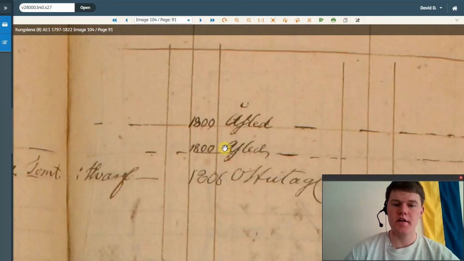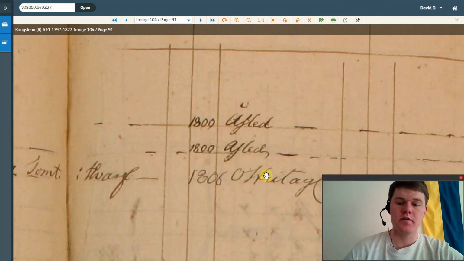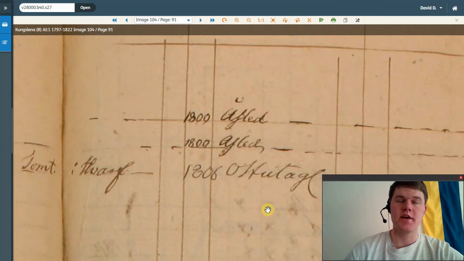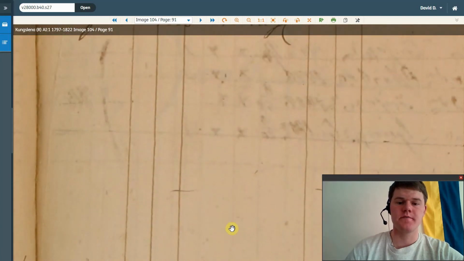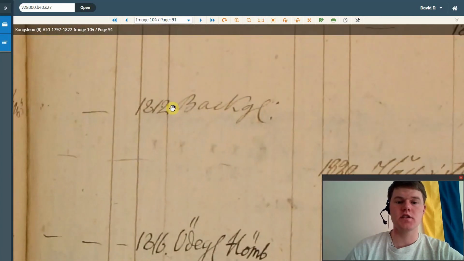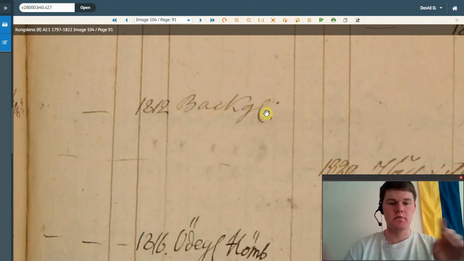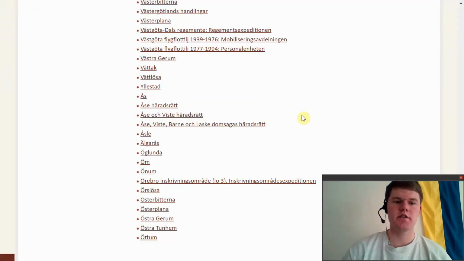Another thing is that it could be a farm within the same parish. So let's look right here. BACK, and then we have this symbol right here. So let's go to the first step and look for that.